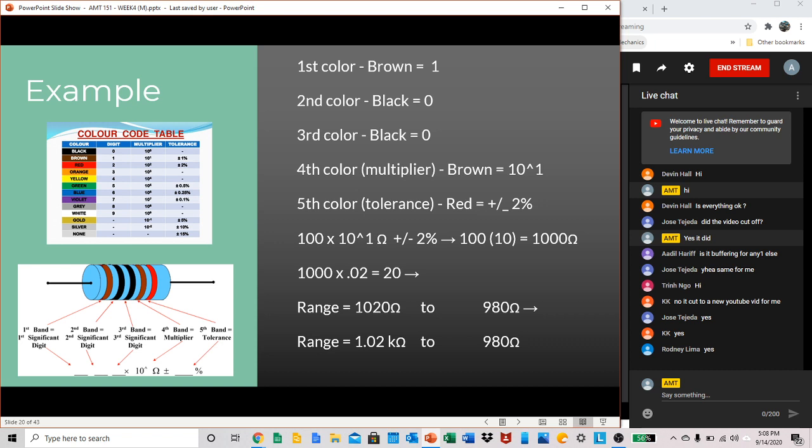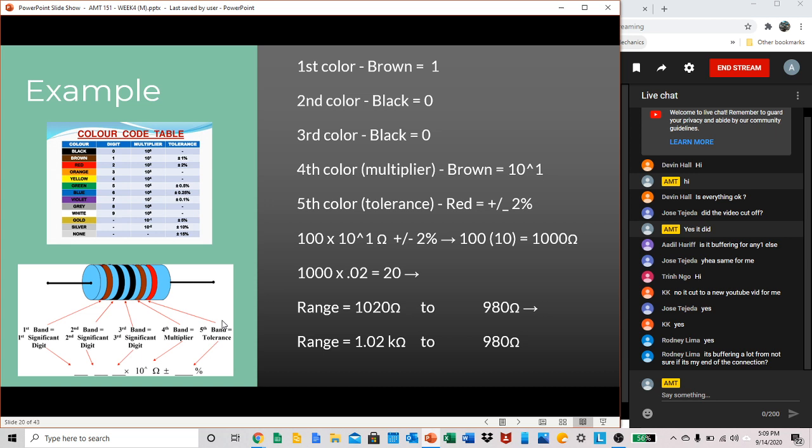So in this example, I have a resistor and a little picture down here of a resistor, and this resistor actually has more than 4 bands. It has 5. You're going to see different numbers of bands.